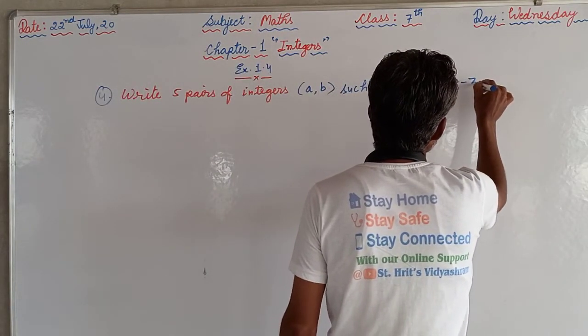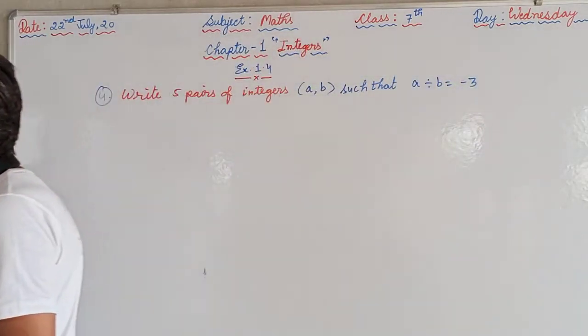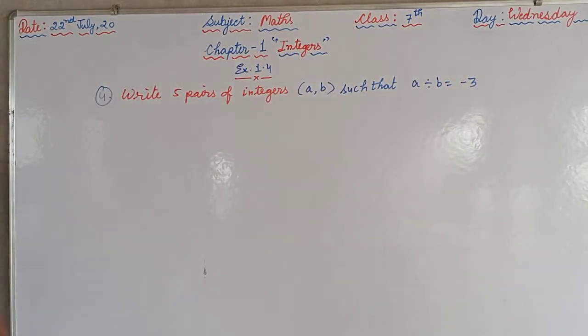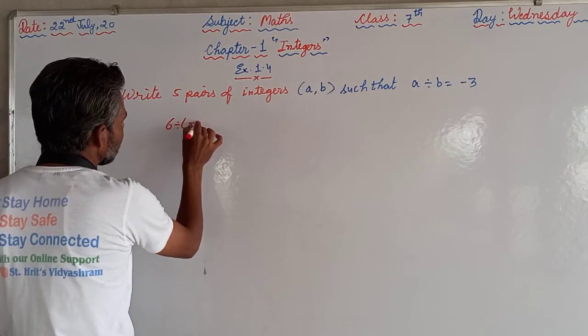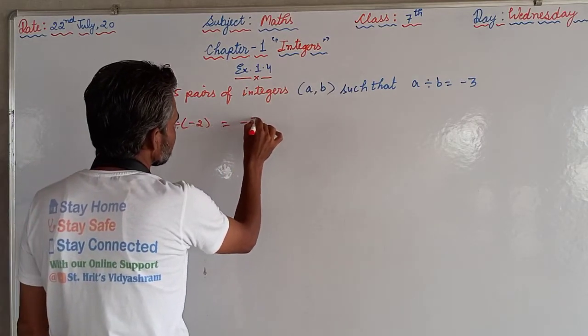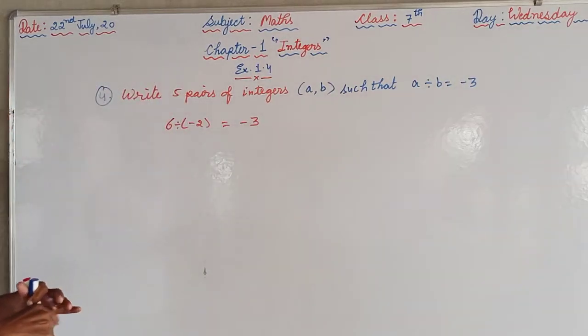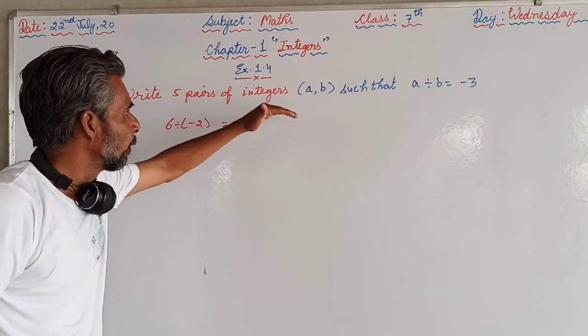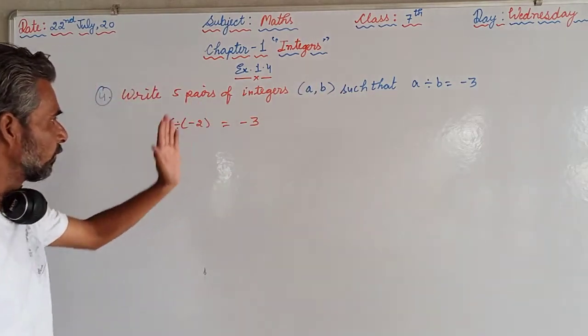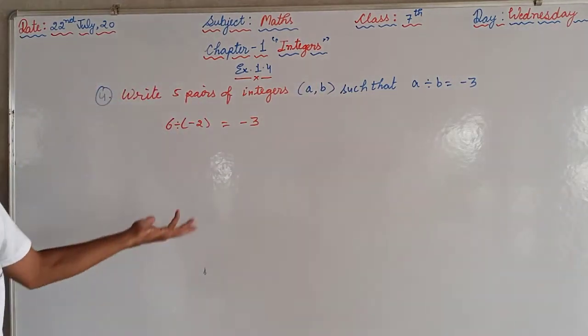should be minus 3, and one example is given, that is 6 divided by minus 2. 6 divided by minus 2, and here comes minus 3. So we are supposed to select 5 more pairs of integers which are the same like this.